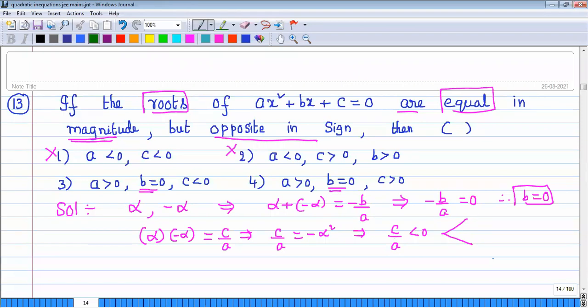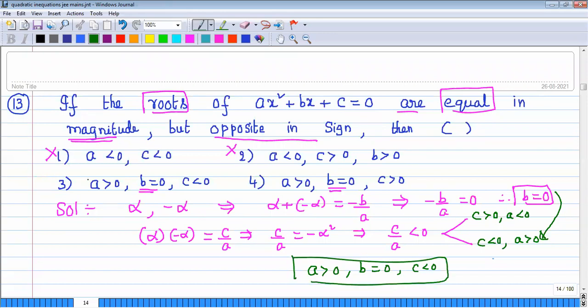So we can write like this: c greater than 0 and a less than 0, then only we get a negative sign, or c less than 0 and a greater than 0. In these cases, we need to include b equal to 0 together. So what is the answer you will be getting? Option 3: a greater than 0, b is equal to 0, c less than 0.